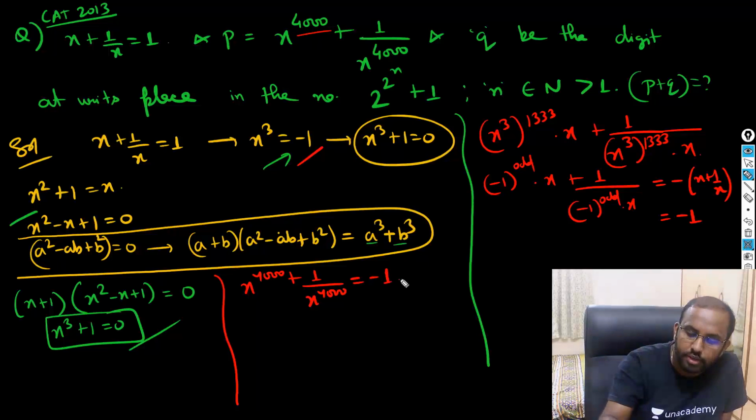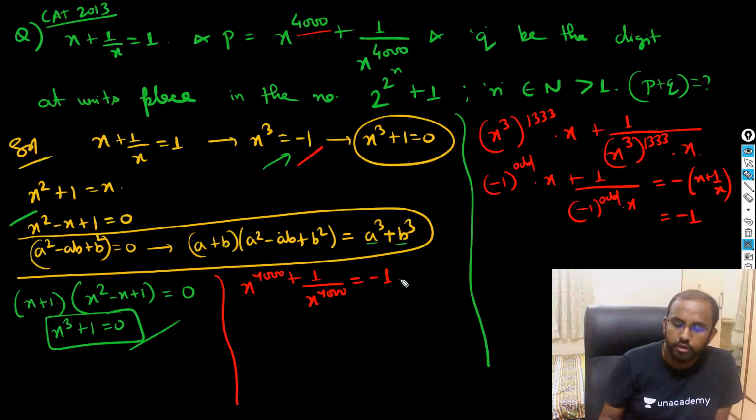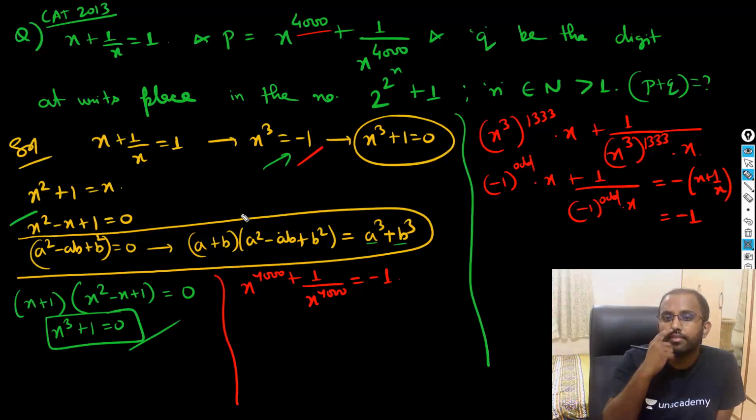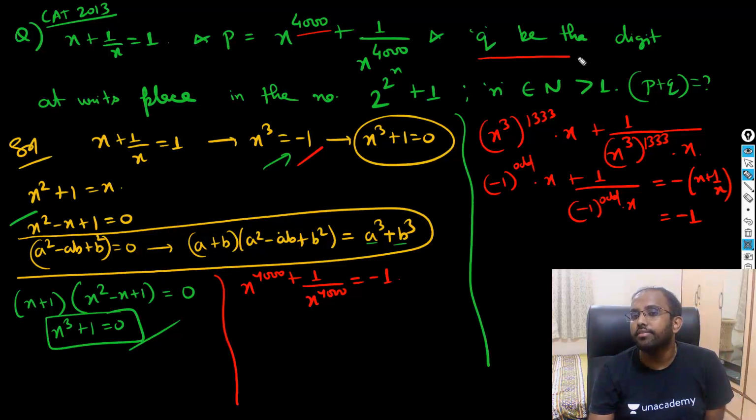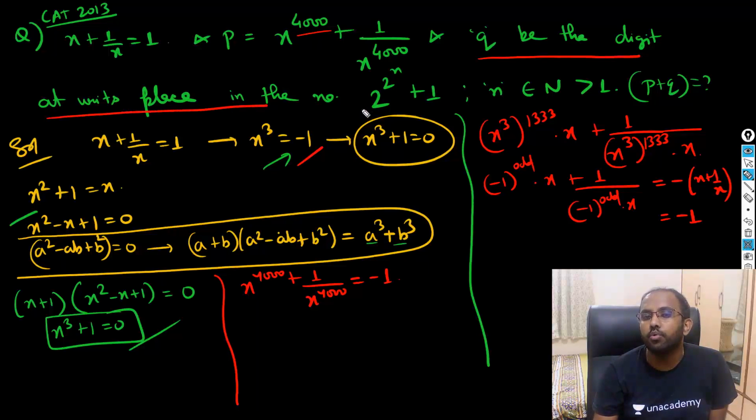So once I get this value as minus 1 here, now the question says that q is the digit at units place of the number 2 raised to 2 raised to n plus 1. So this question is quite general, right? You got to understand that it is very much in general. Q is the digit at units place in the number 2 raised to 2 raised to n plus 1, and n is greater than 1.